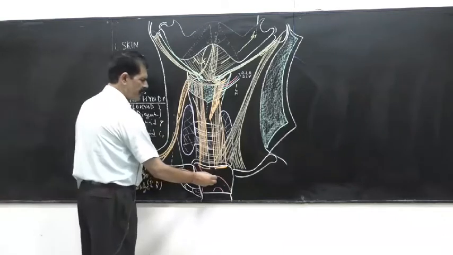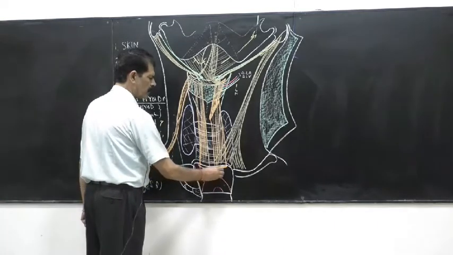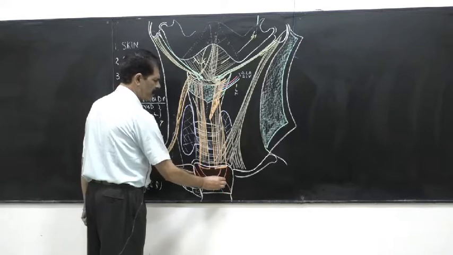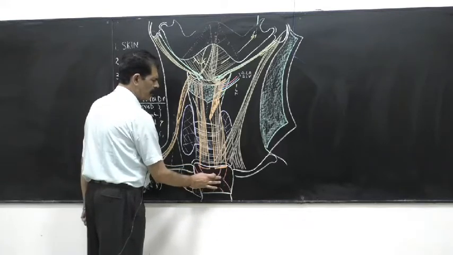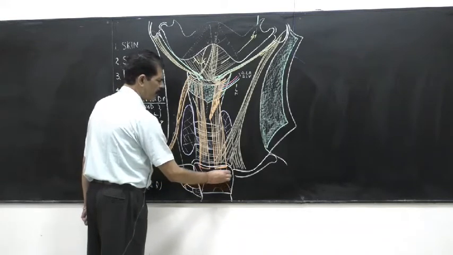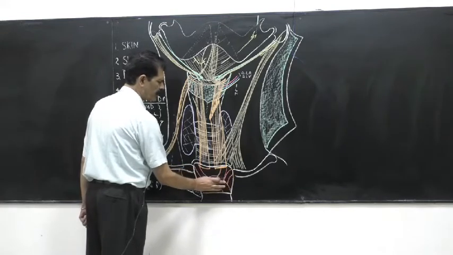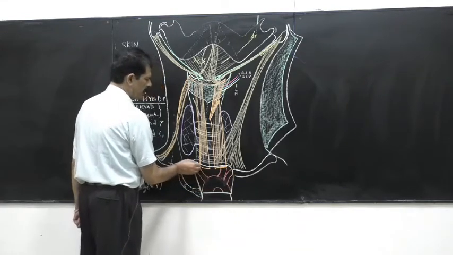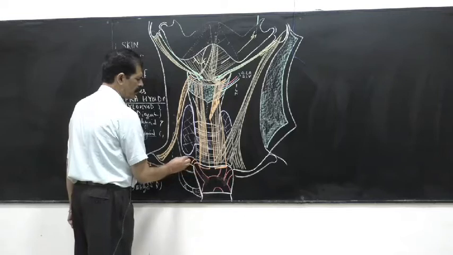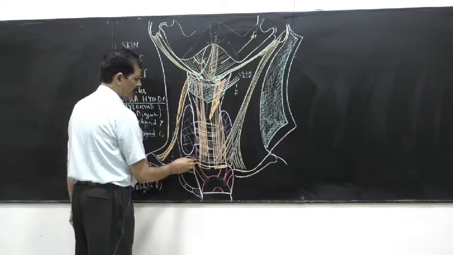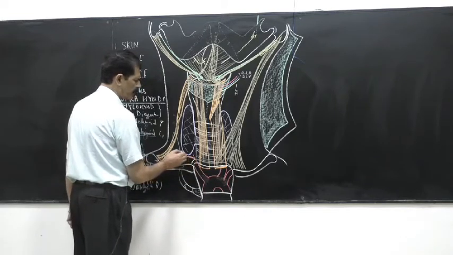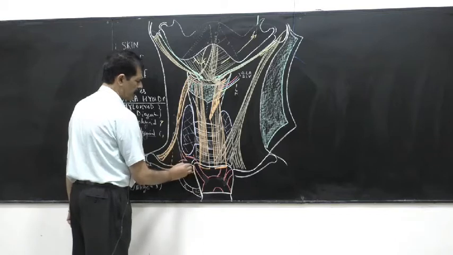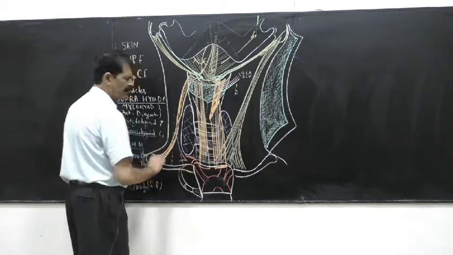And on the left side, the left common carotid, and just nearby, the left subclavian. On the right side, the brachiocephalic will divide into the right common carotid and right subclavian. So that is the difference between the right and left side.